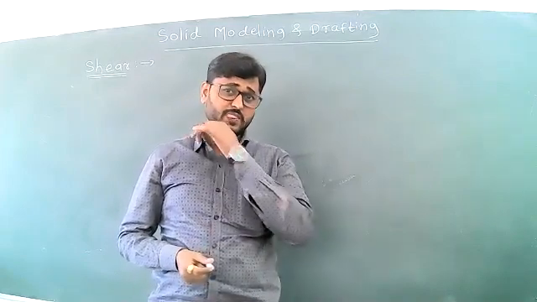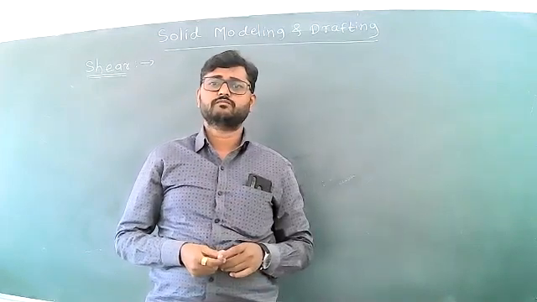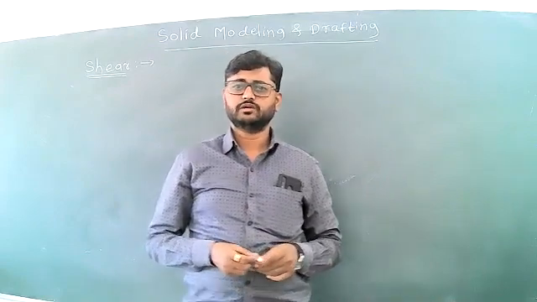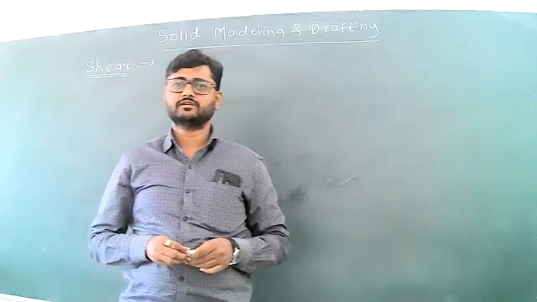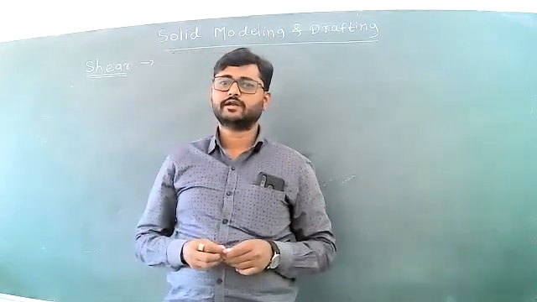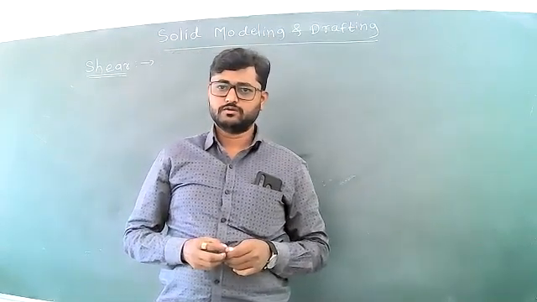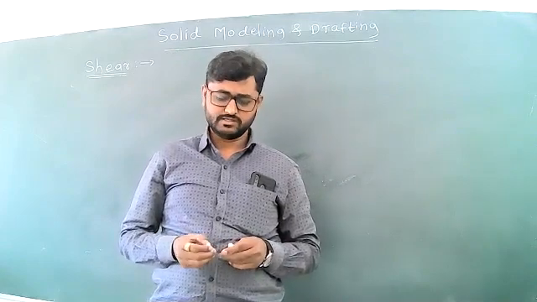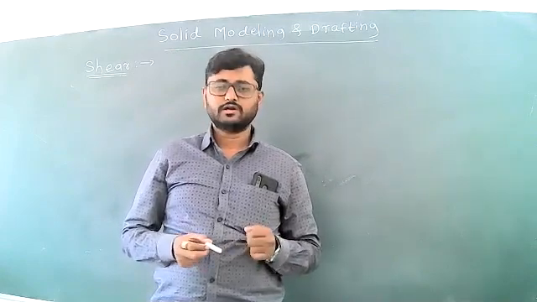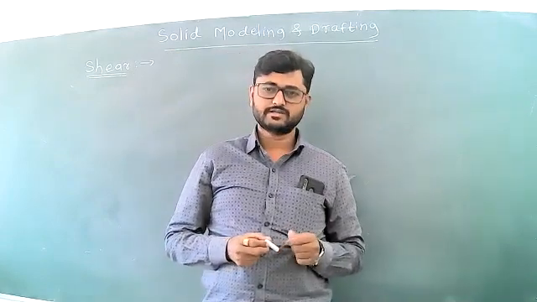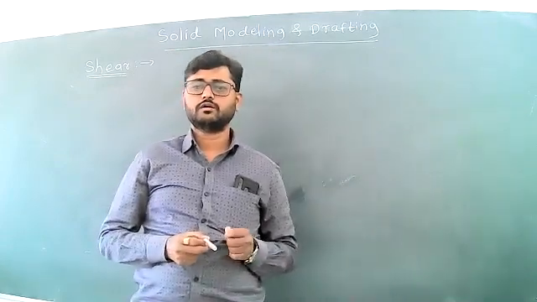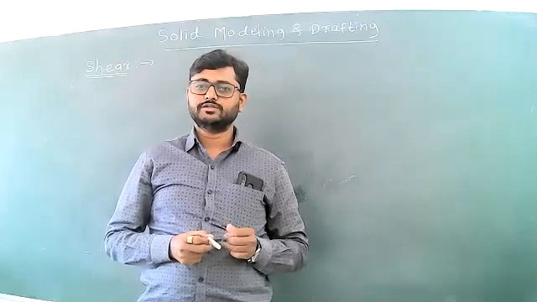Today I would like to explain the topic shear from Unit 1, Geometric Transformation, of the subject Solid Modeling and Drafting. There are two types of shear: shear along the x direction and shear along the y direction.